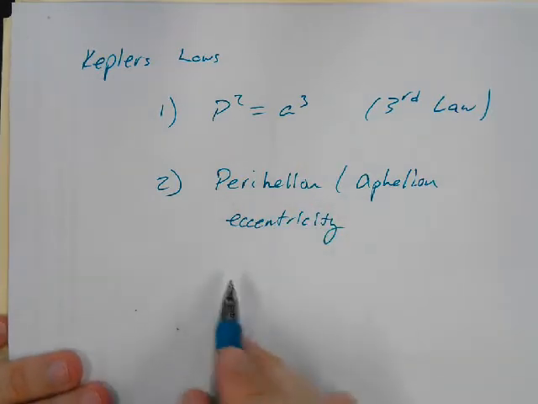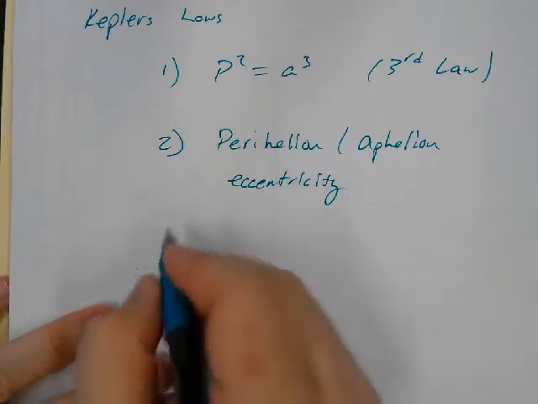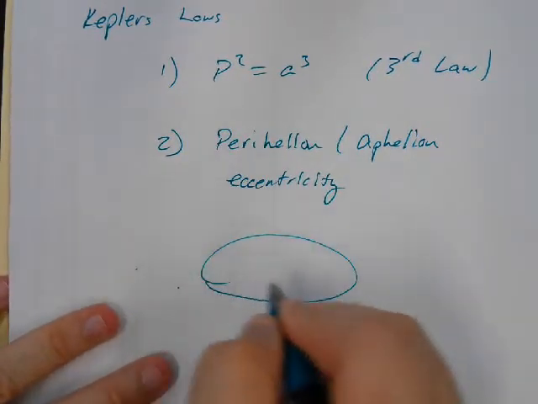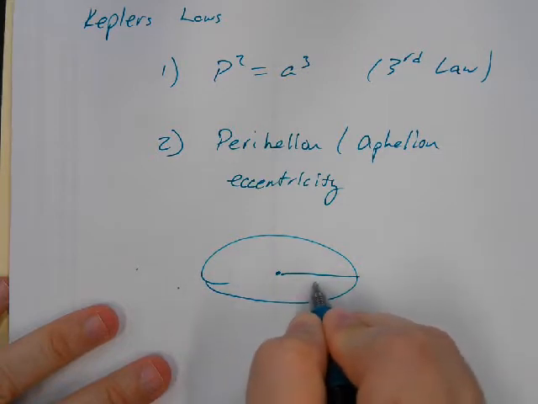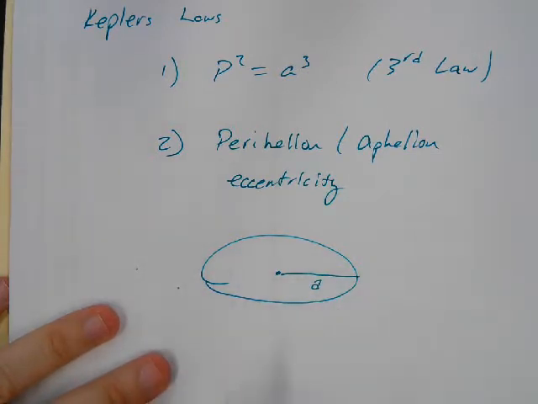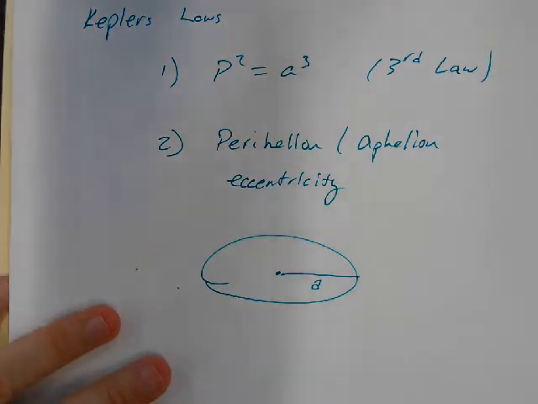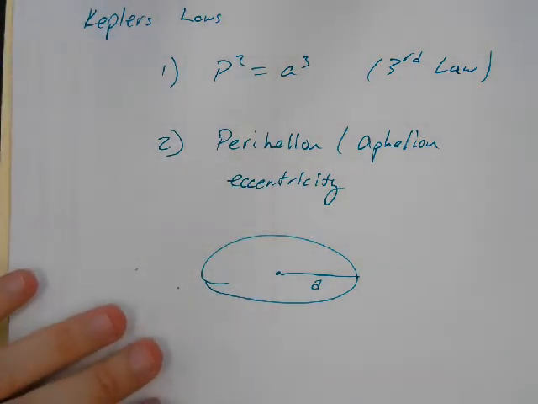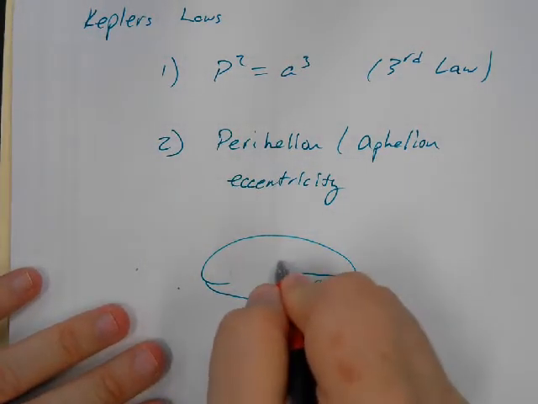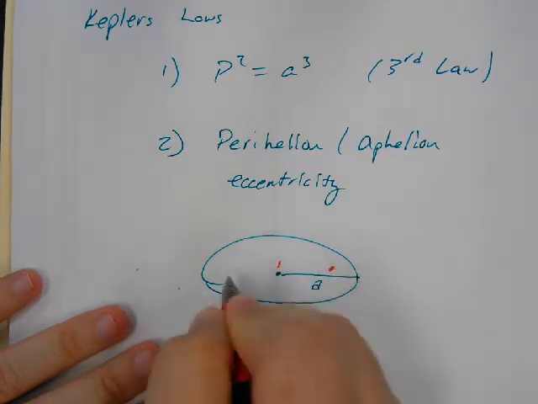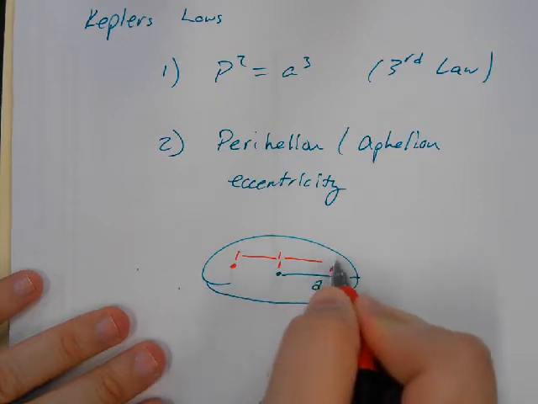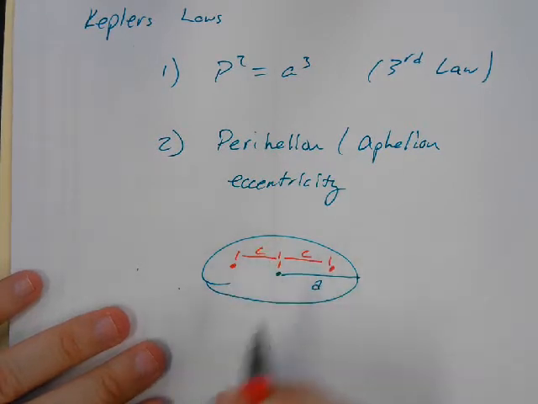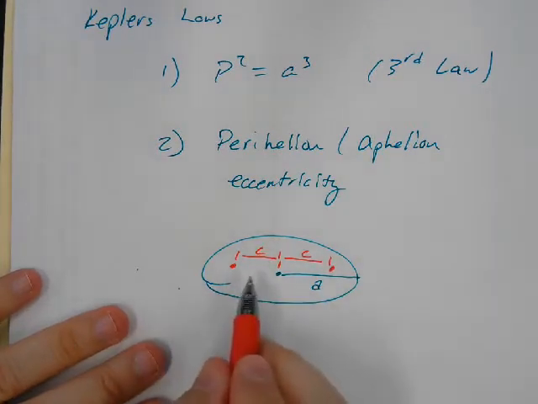The idea for eccentricity is, if we have an ellipse, we have our normal semi-major axis, which is kind of our radius for the ellipse. But we also have two foci in the ellipse, and those have distances c.